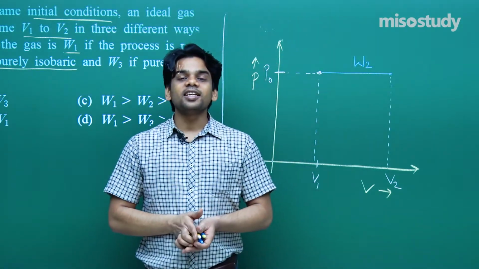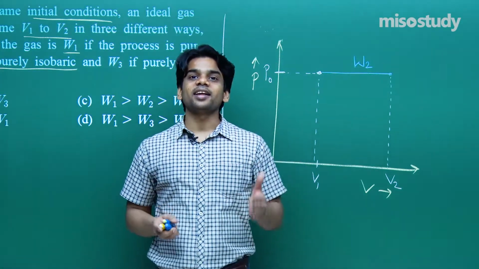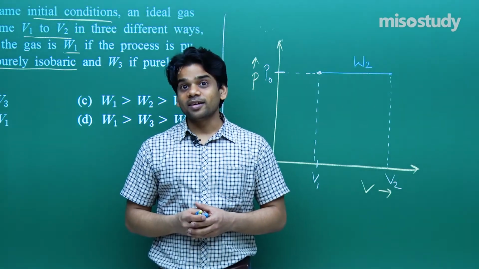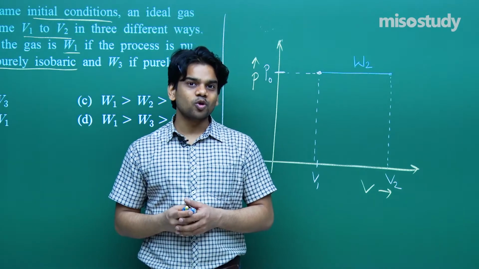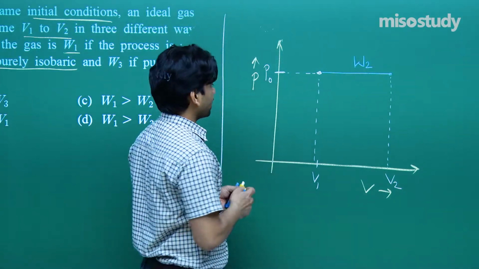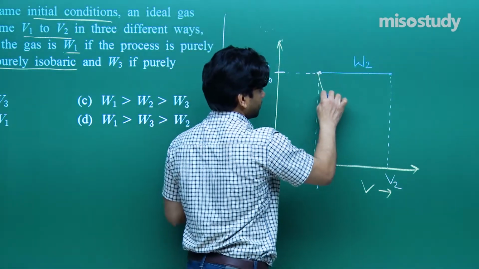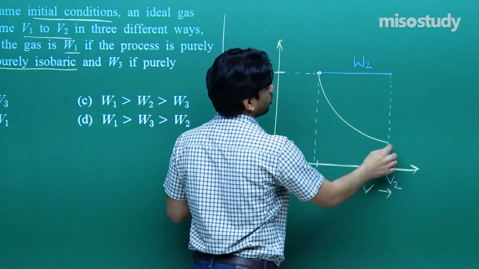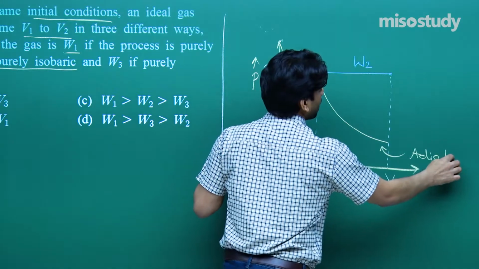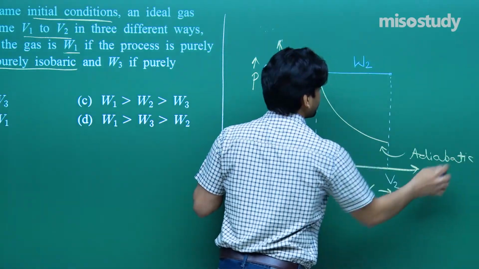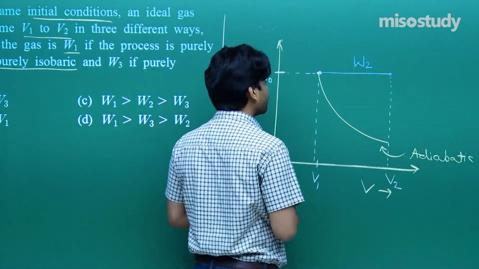Now understand the adiabatic and isothermal processes. The adiabatic curve will have more slope, that is what we know, or it will be somewhat like this. This will be the case of the adiabatic curve, and now I will talk about the isothermal case. Let me show you how it will be depicted.